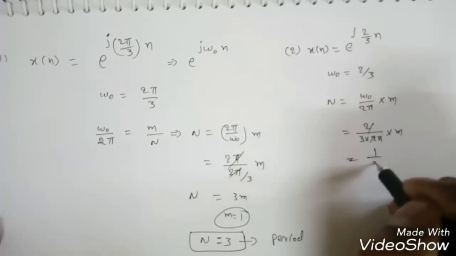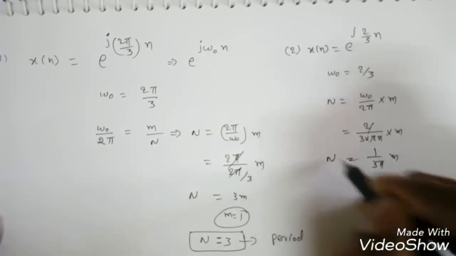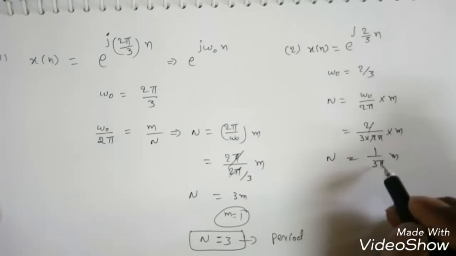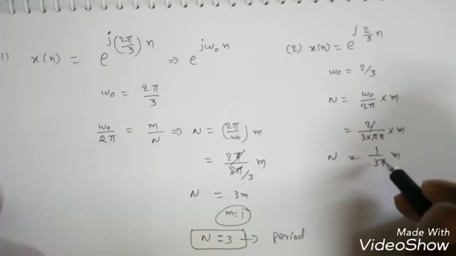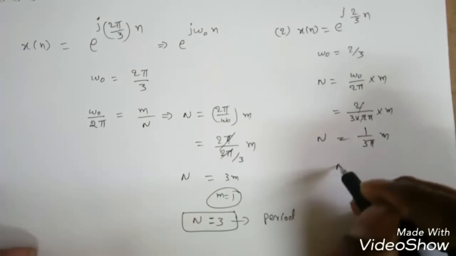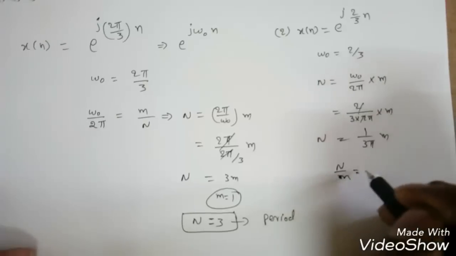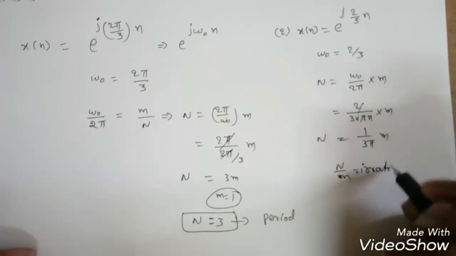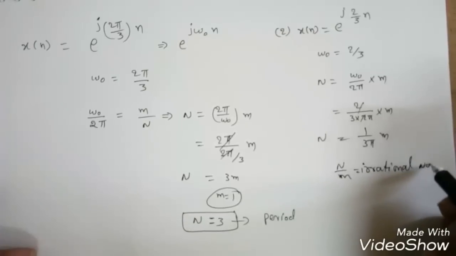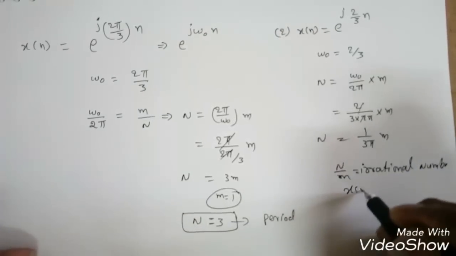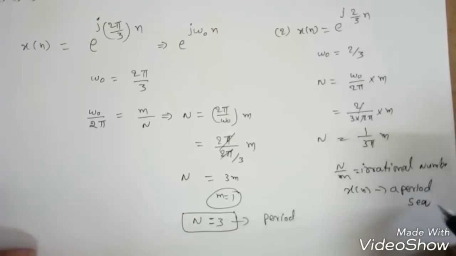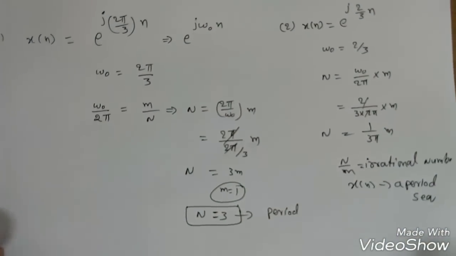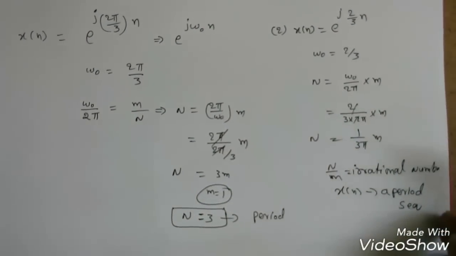So 2 cancel, 3 pi into m. Now the moment pi comes, it is an irrational number. Even if you put any integer, it will become irrational. So N by m is an irrational number. So is x of n a periodic sequence or a non-periodic signal? It is not a periodic signal.